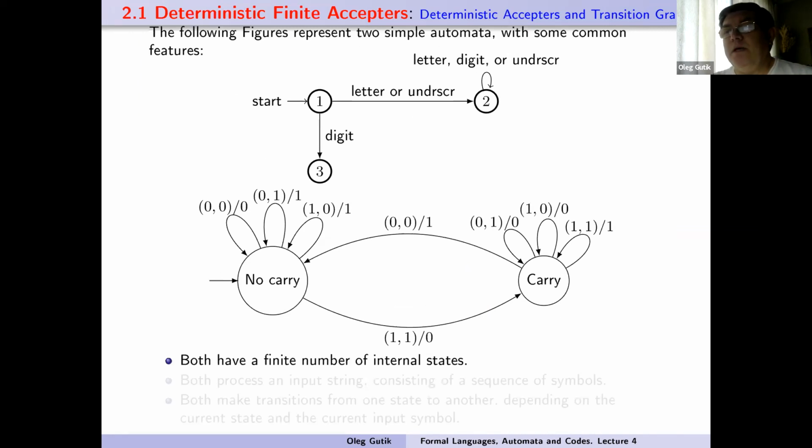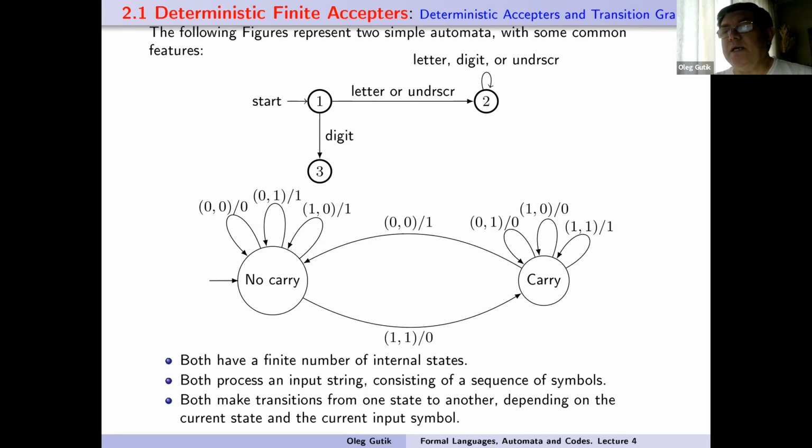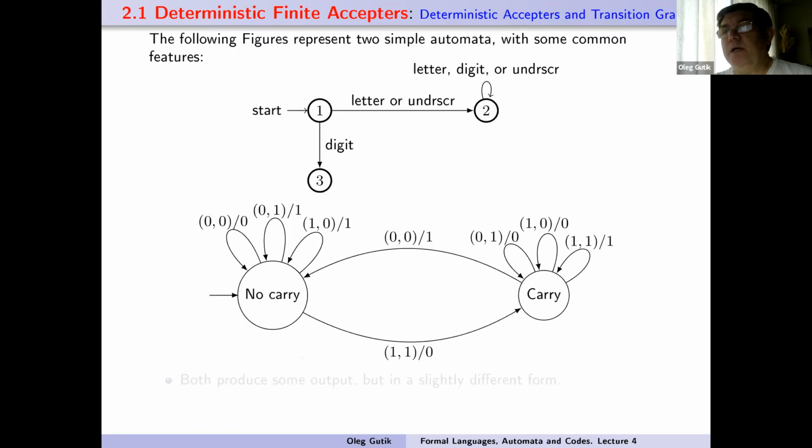Both have a finite number of internal states. Both process an input string consisting of a sequence of symbols. Both make transitions from one state to another depending on the current state and the current input symbol. Both produce some output, but in a slightly different form.